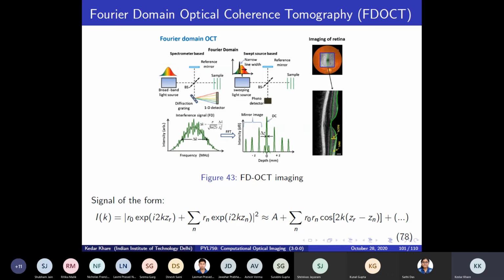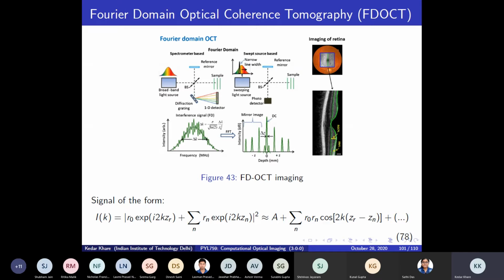Along this line, you can see, as you go in the depth dimension inside this surface, this is a picture of the retina as you go inside it. These are different layers of the retina, and you can see a large number of layers which, if you send light in, will reflect light out.